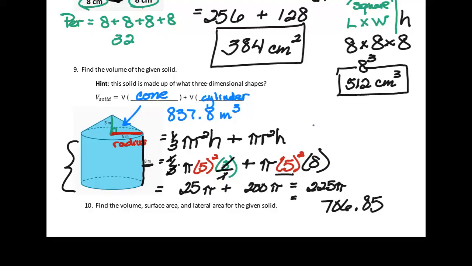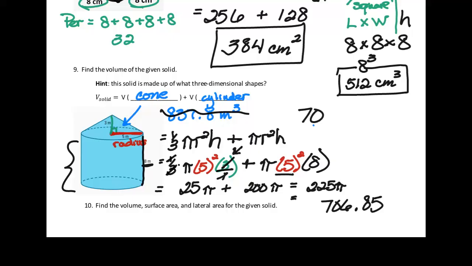Let me look at my work here. I think this is wrong. Because I see in here I put a height of 8 for the cone. That height should have been 3. So this is the correct answer.